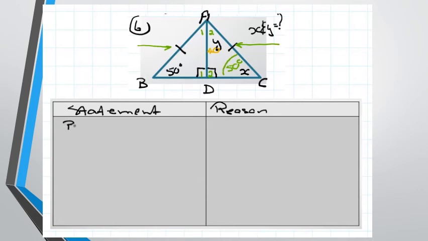Angle B must be equal to angle C, must be equal to x, must be equal to 50 degrees.